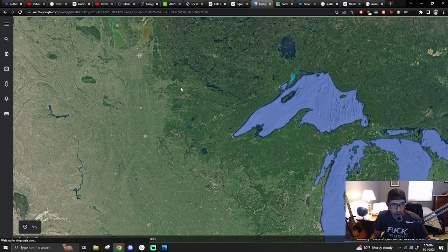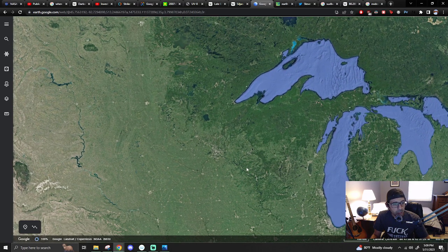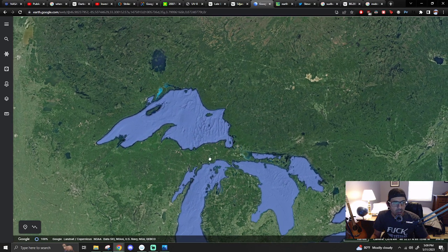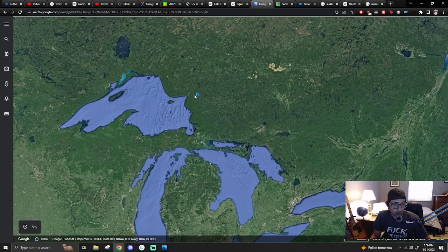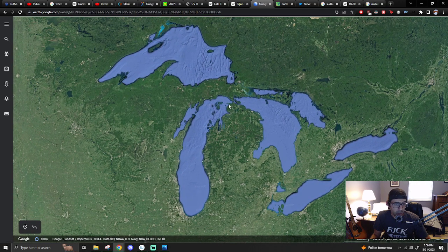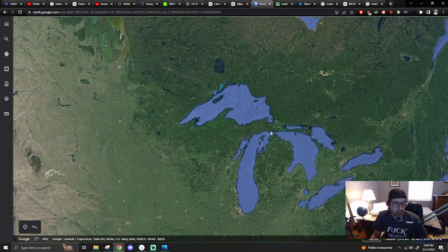Is there a shape out here? It looks like it this way, but it doesn't this way. It would have to be more so here, going across, down. I don't think so.